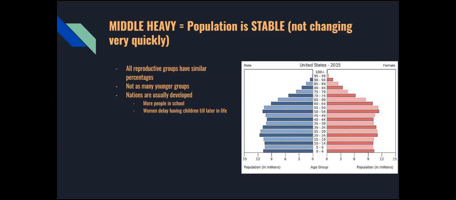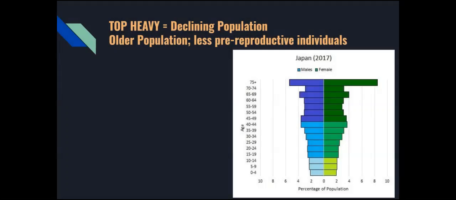So if women have more educational opportunities, they're going to delay having children until later in life, which means overall the country will have less new offspring, and the population will grow a lot slower than developing nations. Also, there's more young surviving due to increased resources.